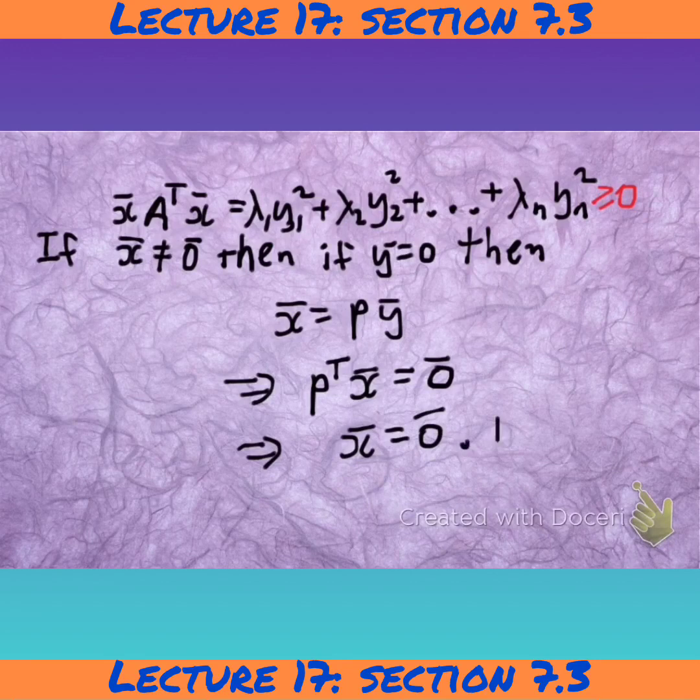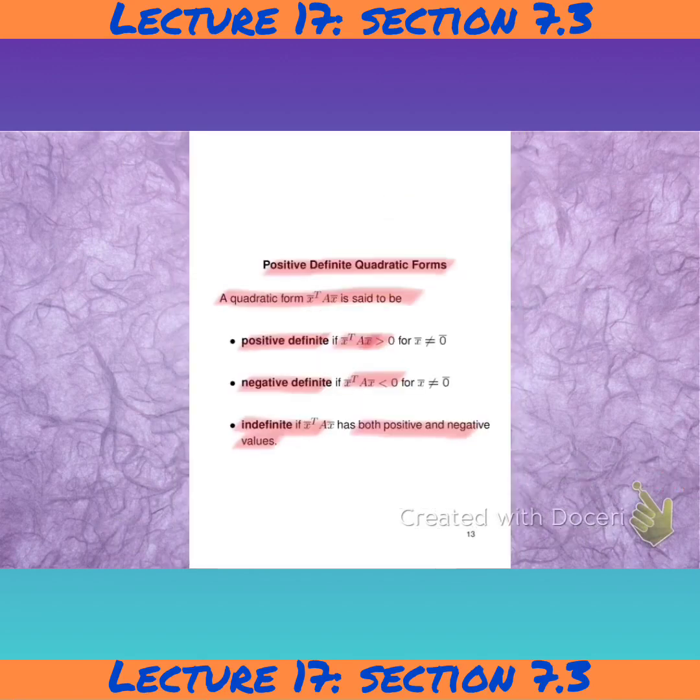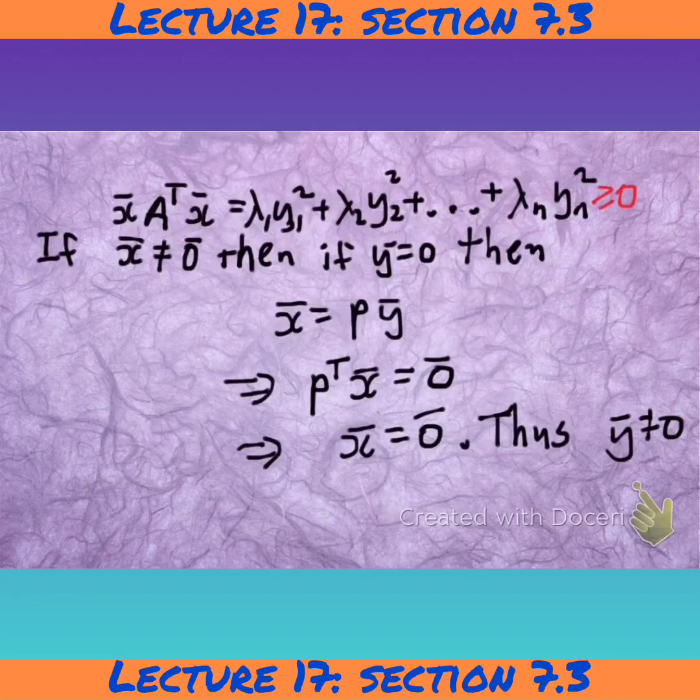Okay, so thus y is not 0. Remember, we want to show that it's positive definite. So we need to show that whenever x is not 0, then this thing is bigger than 0. So if x is not 0, then y will not be 0.